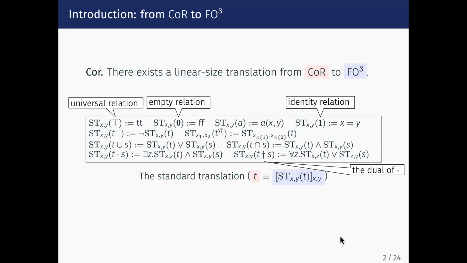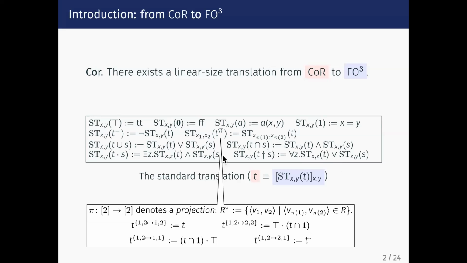So in fact, we can translate CoR terms into FO3 terms by the standard translation in linear size, which is defined like this. Here we use top for the universal relation, bold 0 for the empty relation, and bold 1 for the identity relation. And we use dagger for the dual of the composition, basically like this.